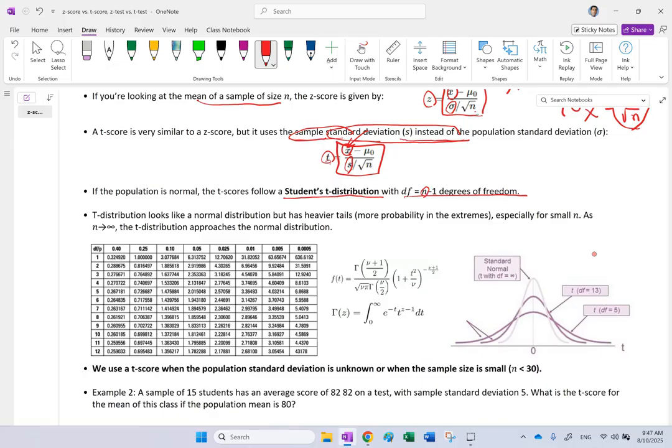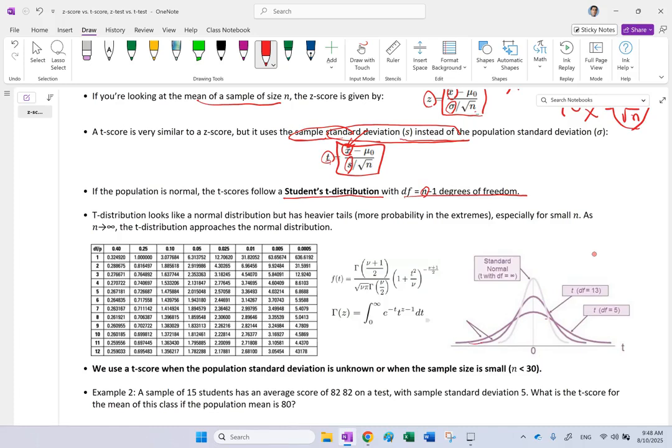And you might say, what is student t distribution? Well, if you look at the student t distribution compared to the normal, so this is the normal distribution, this lighter pink, then these purple ones are t-distributions for different degrees of freedom. So this one is for t of 5.